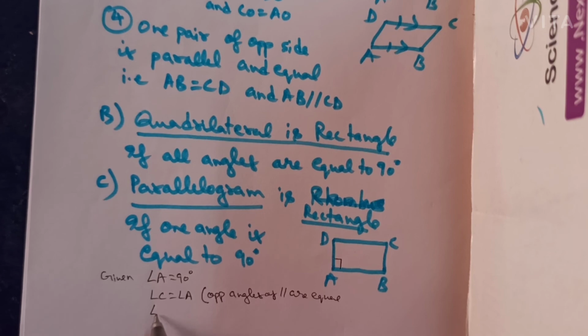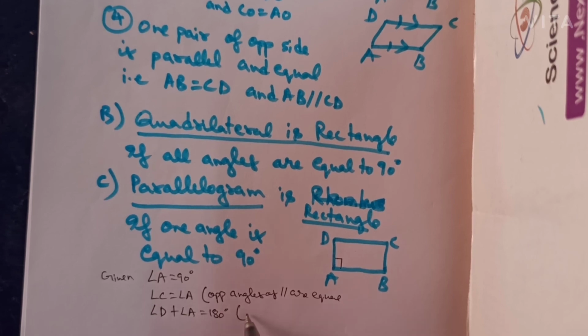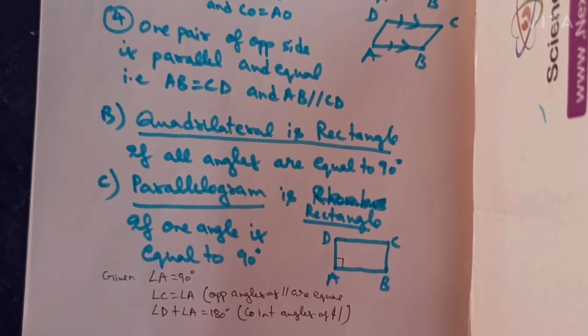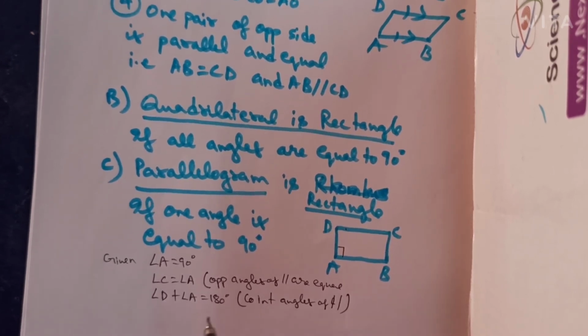Now angle D plus angle A will be 180, because consecutive interior angles of a parallelogram are supplementary. So angle D will be 180 minus 90, which is equal to 90 degrees.